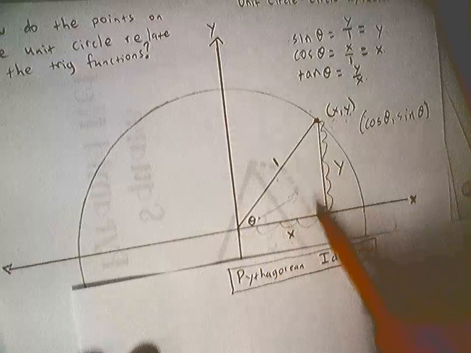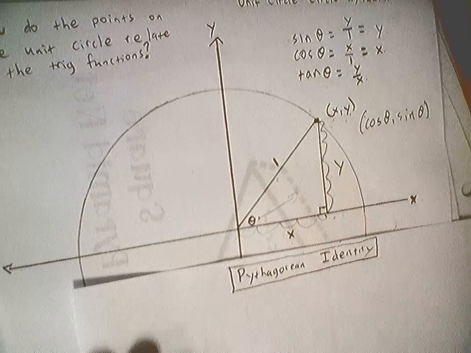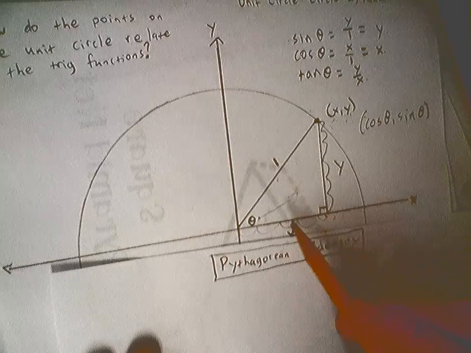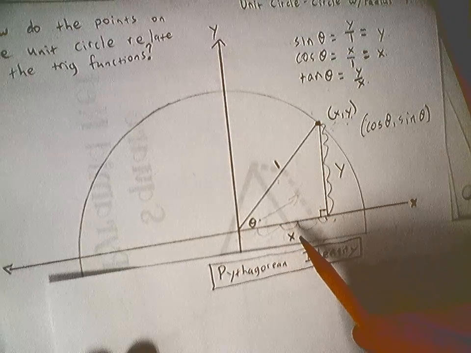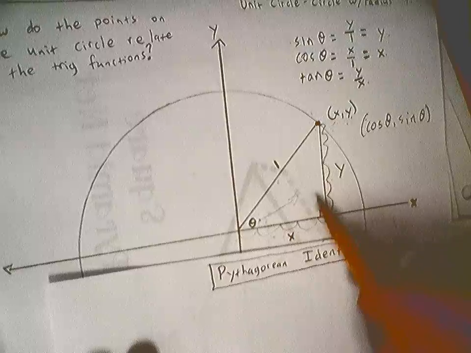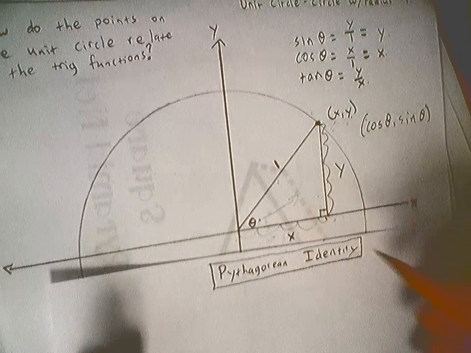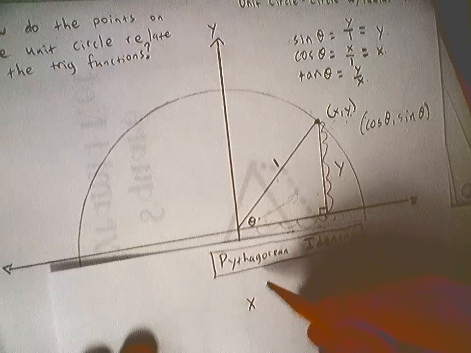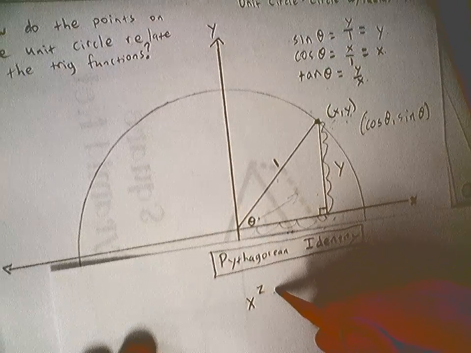So I've already got my triangle drawn here. It is a right triangle, so that means good old-fashioned Pythagorean theorem applies. So I'm going to take the two legs of the triangle x and y that I have labeled here, and I'm going to set up the Pythagorean theorem.